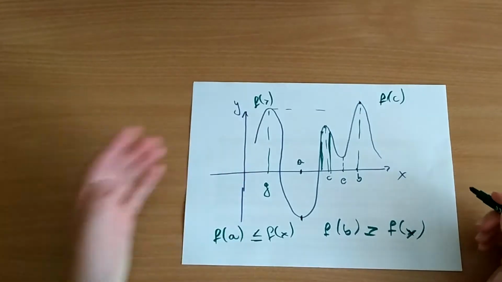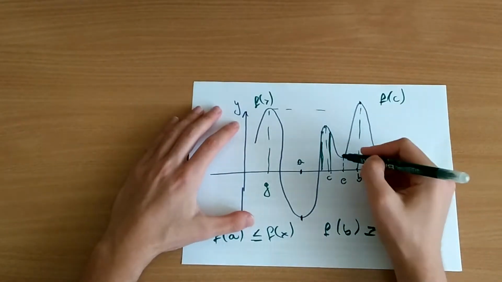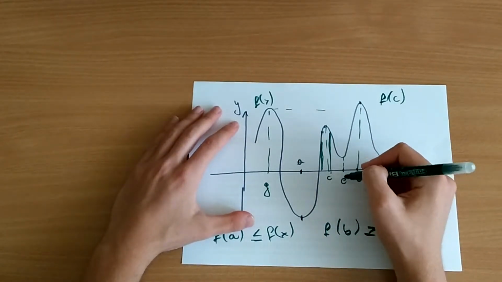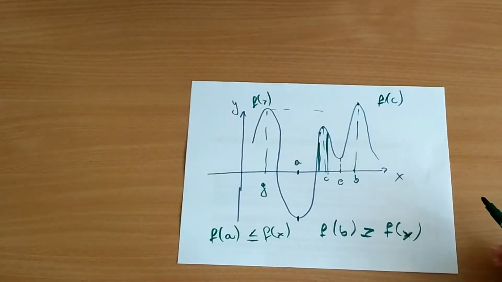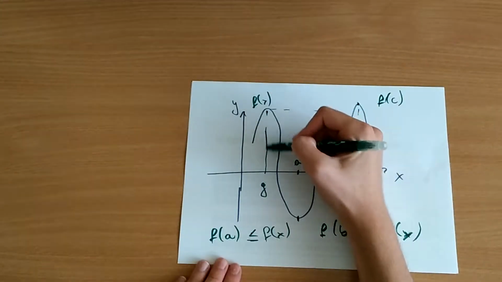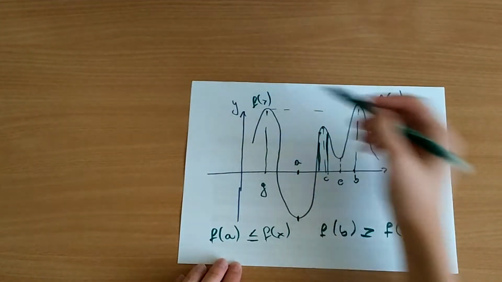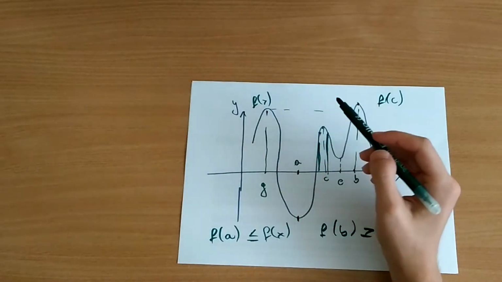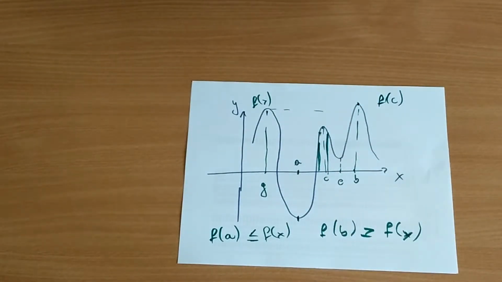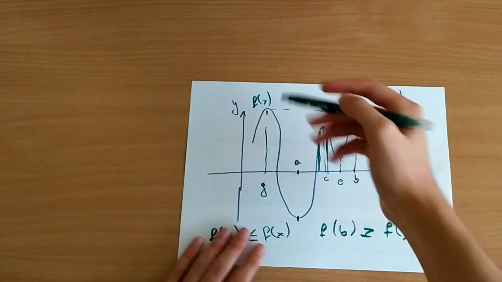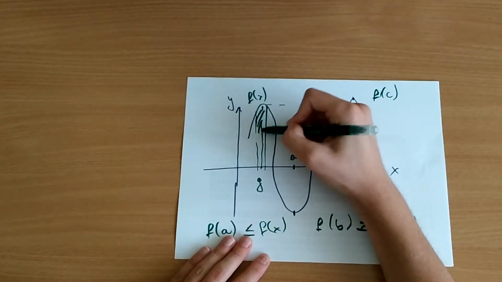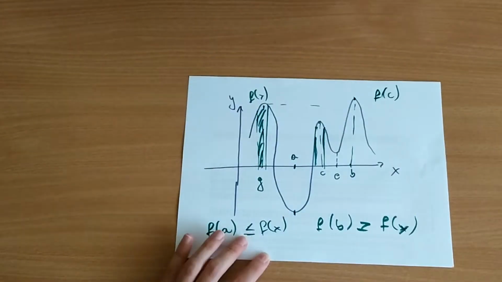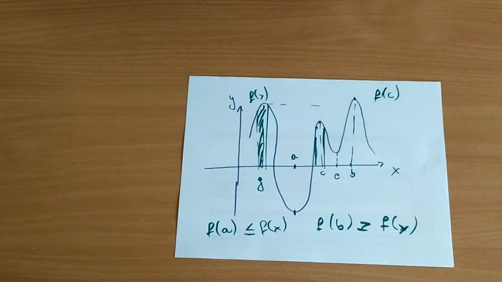We can also say that f of E is a local minimum point. Also f of G is a local maximum point, since f of G is bigger than any other value of x in a certain domain. Let's say this is the domain, and f of G has the largest value.